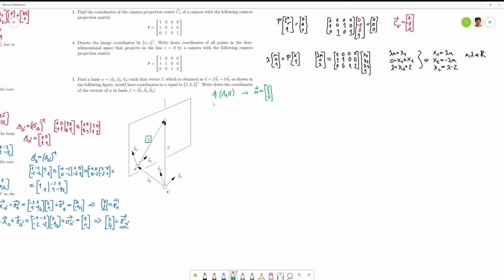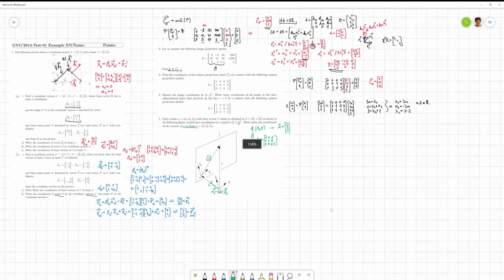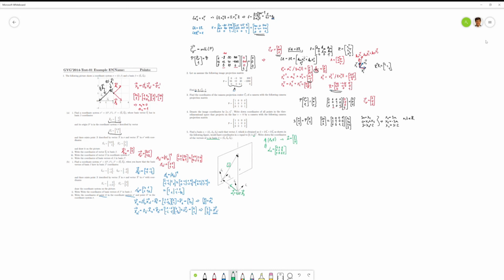The beta coordinate system has center in O, and the alpha coordinate system has center in C. Therefore, we would like to define alpha in such a way that u has coordinates 2, 3, and 2. Therefore, alpha 3 is 0.5 beta 3. And the matrix of alpha vectors in beta is 1, 0, 0, 0, 1, 0, 0, 0, and 0.5.